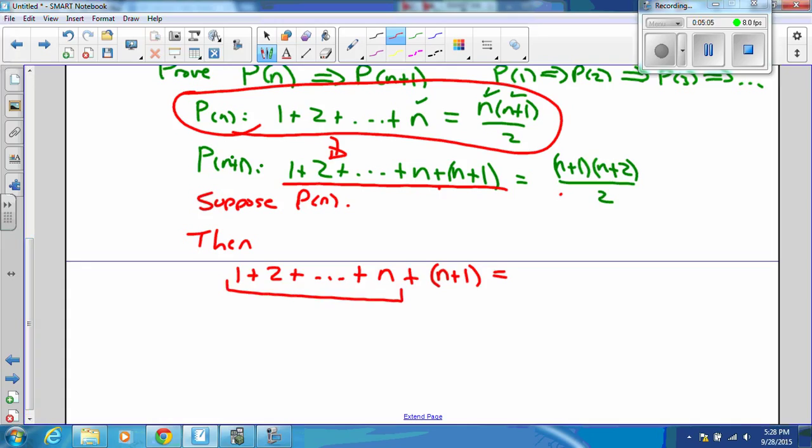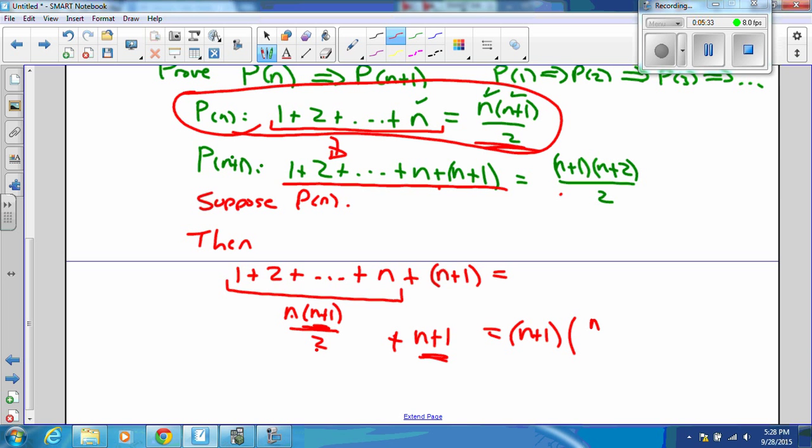I am supposing that P of n is true. And P of n is the statement that the sum of numbers from 1 to n is n times n plus 1 over 2. So I'm going to replace the sum of numbers from 1 to n with what it is, which is n times n plus 1 over 2. And now I'm going to cleverly notice that I have a common factor of n plus 1.